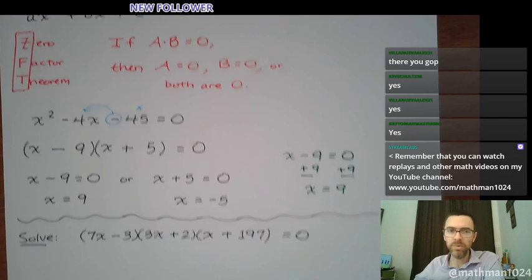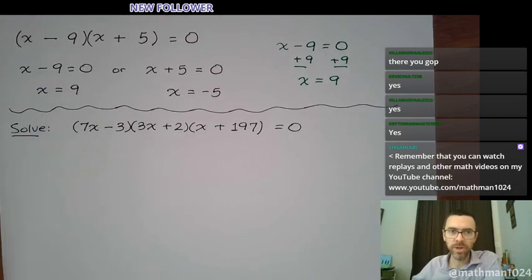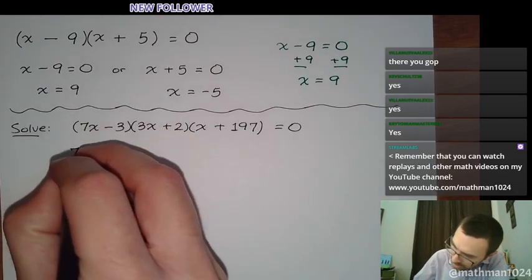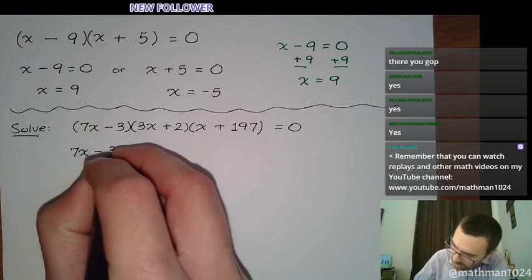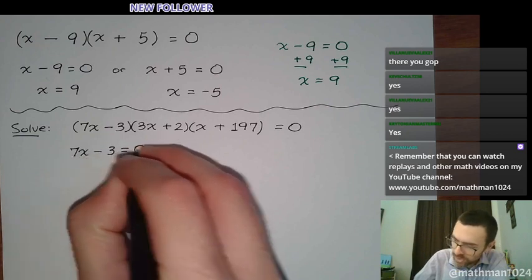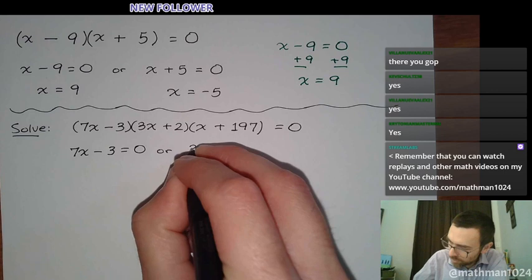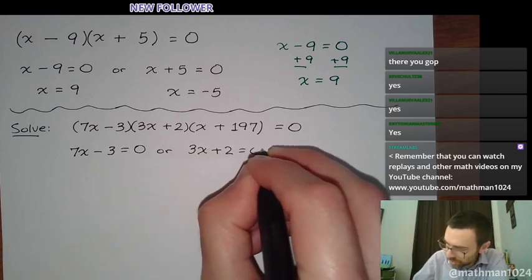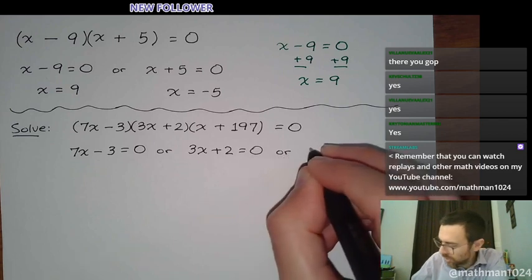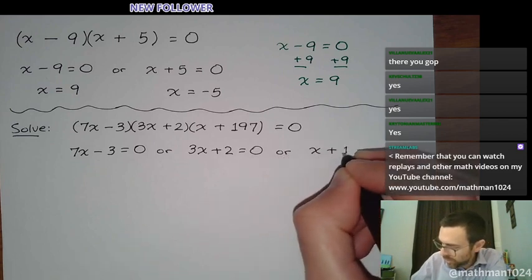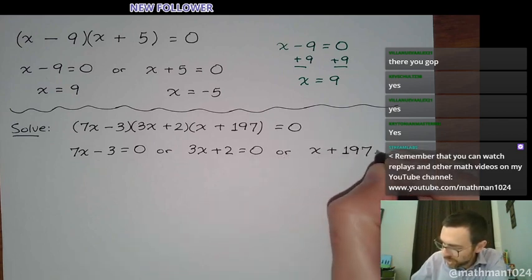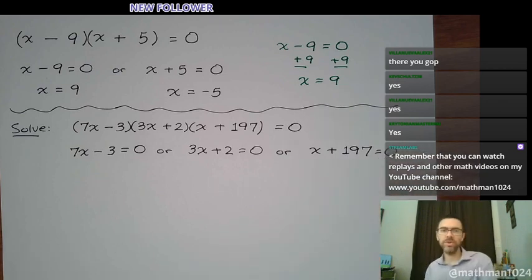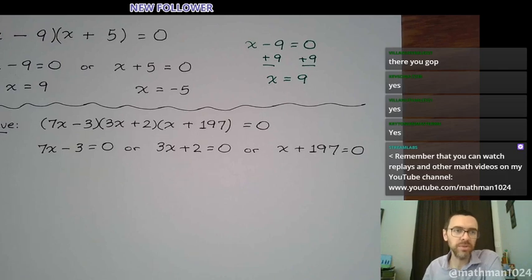So one at a time, that means either 7x minus 3 is equal to 0, or 3x plus 2 is equal to 0, or x plus 197 is equal to 0. It's got to be one of these three possibilities, right?